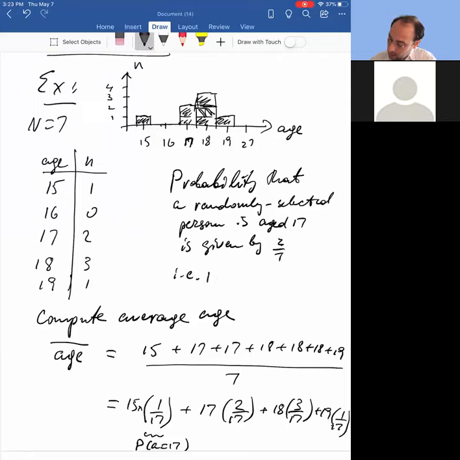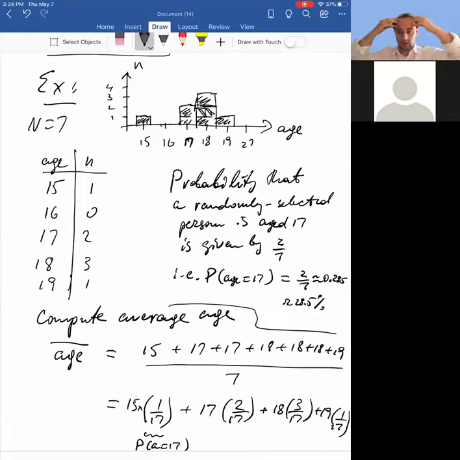So we say that the probability that age equals 17 is 2/7, and that's approximately 0.285 or 28.5%. And this is a frequentist perspective. We imagine mental copies of that experiment. We repeat that experiment bajillions of times, and in 28.5% of those experiments, the person selected will be aged 17.